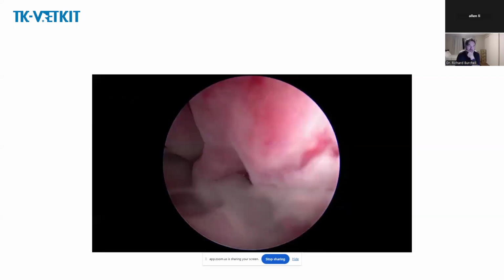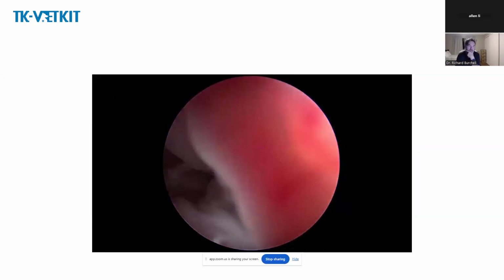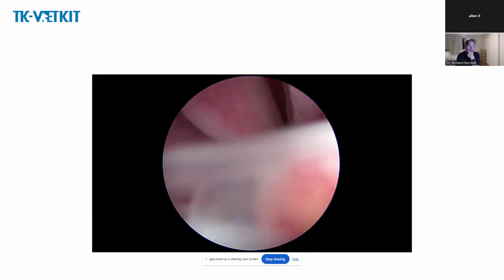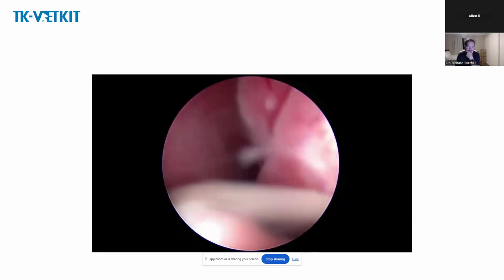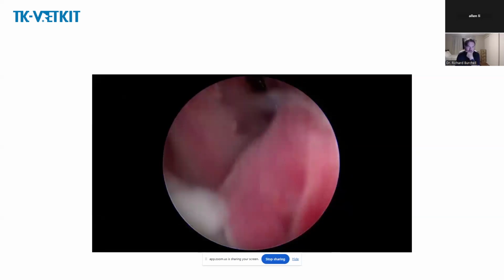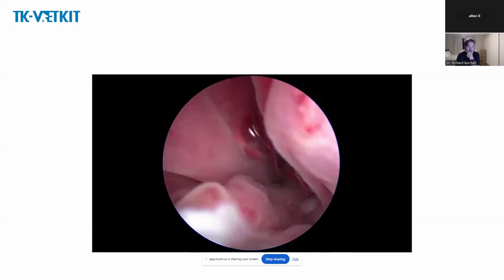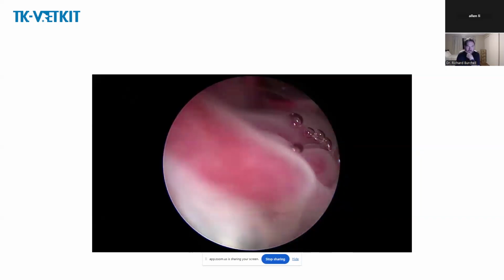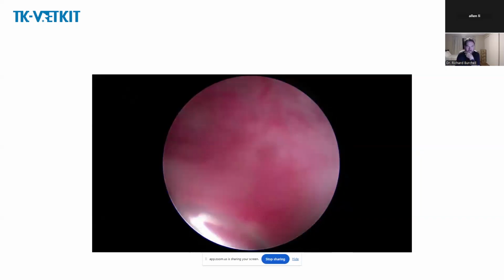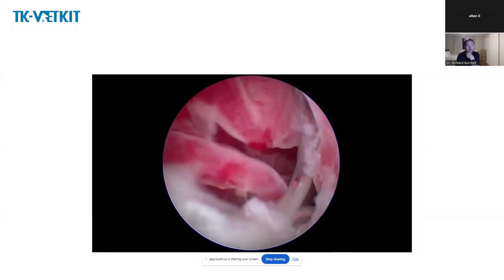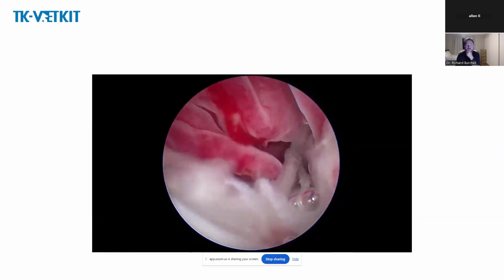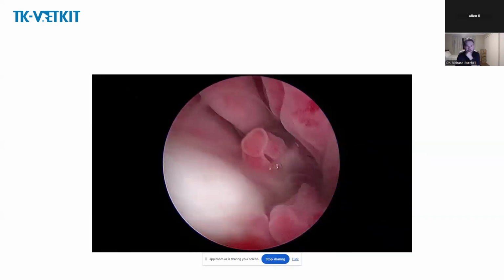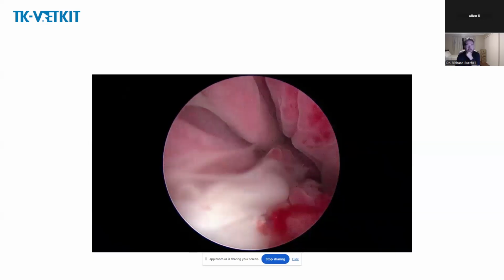We're now pushing through into the nasal conchae, and we're trying to find a pathway through. And you can see how friable this tissue is. There's some exudate on the left there.